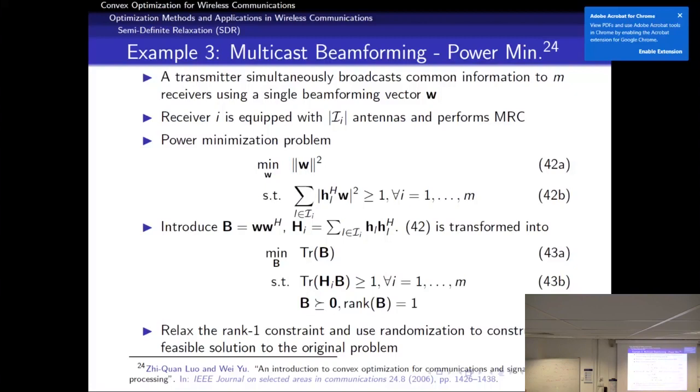And so this is W Hermitian times the sum over l of H_l H_l Hermitian, times W, and I create a matrix there. And this is that matrix here.